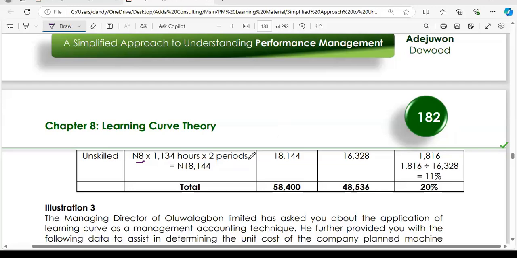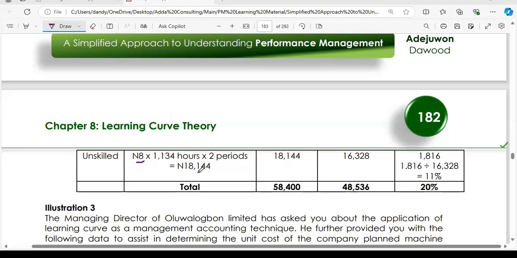It's the same thing you are going to get now. You are starting all over again. If you want to compute your average labor time, is it not the same 1,134 you are going to get as total? When you are starting over again, you are doubling from 1 to 2, 2 to 4, 4 to 8, 8 to 16, 16 to 32. Won't you start all over again? It's the same hours you are going to get now. Okay?